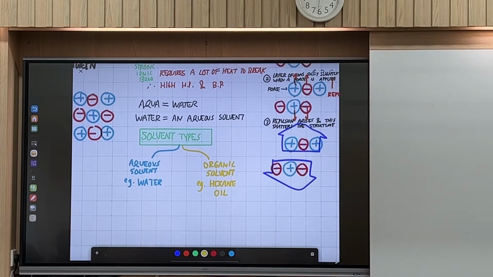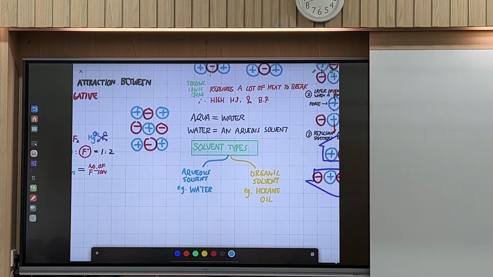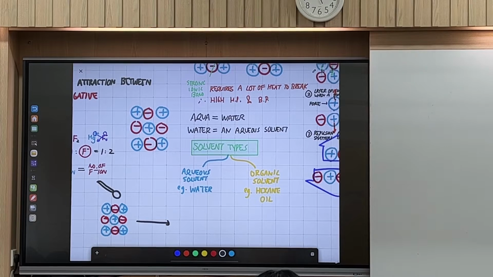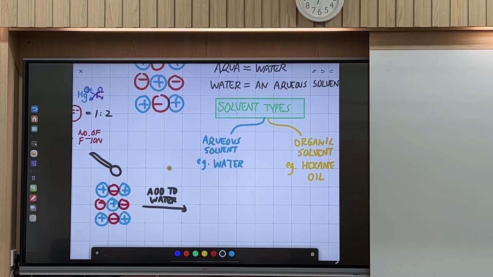For different substances, you see, giant ionic structures dissolve well only in aqueous solvent. They do not dissolve in organic solvent. So can you put down what happens when you add salt into water? This is what salt looks like before you add it into water. It has this ionic lattice. As soon as you add it to water, water has the ability to split the ions apart.